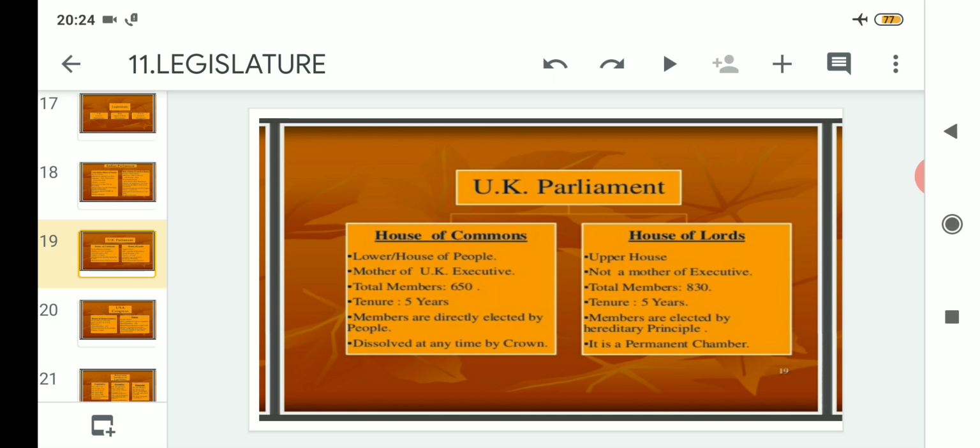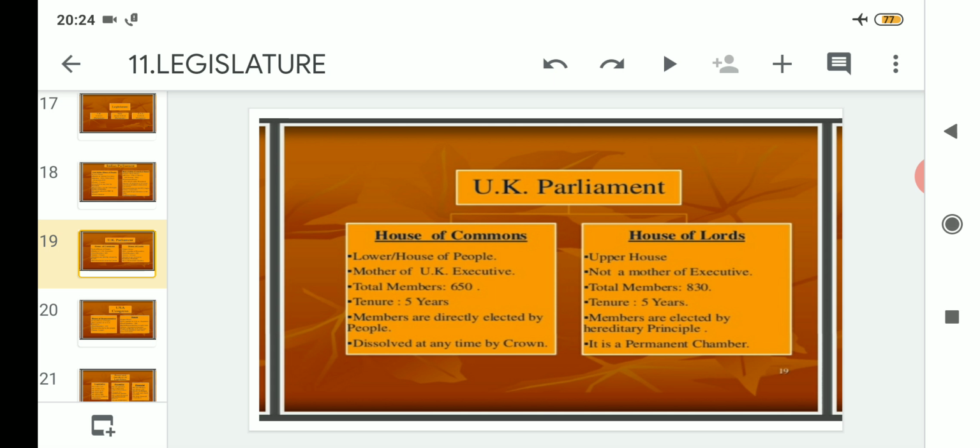If we talk about the total members, it is 830. That means it is more than thrice that of India. In the Rajya Sabha it was 250, and the upper house, the House of Lords of the United Kingdom, has almost 830. That means 3 times more than India.